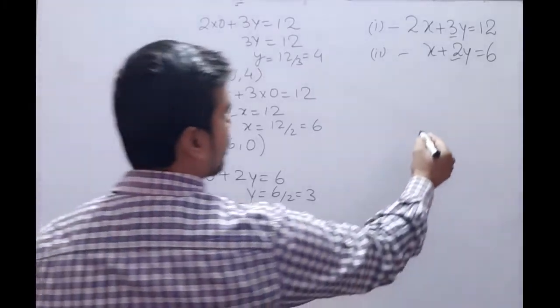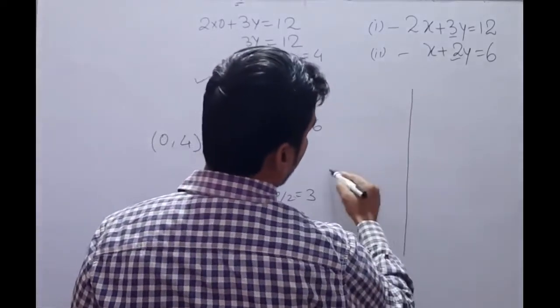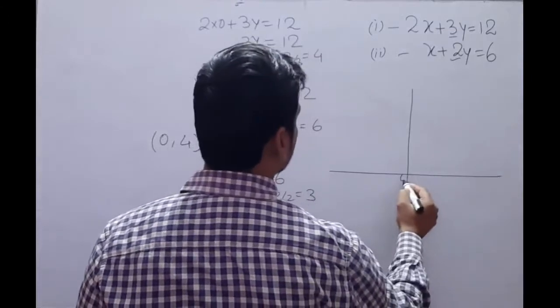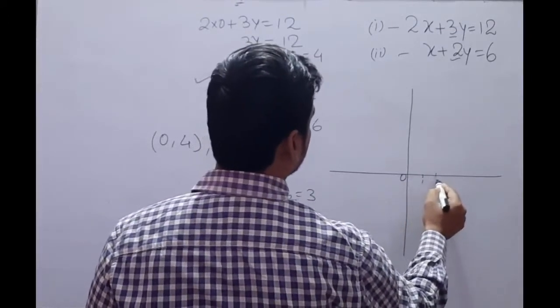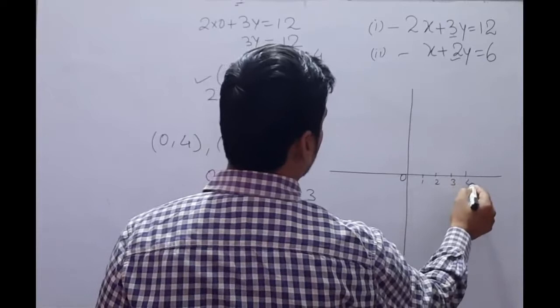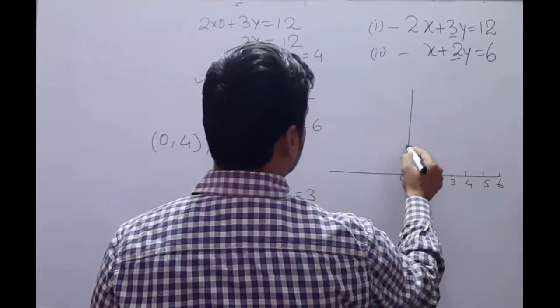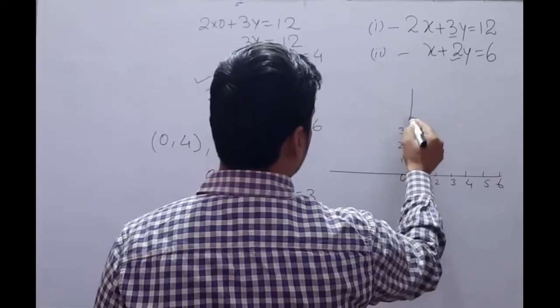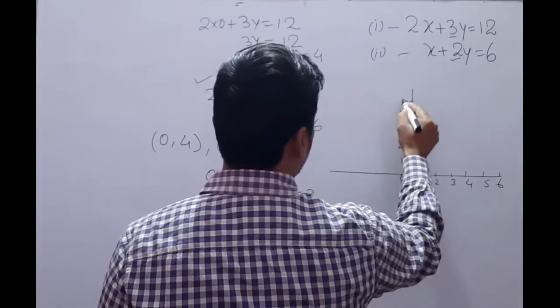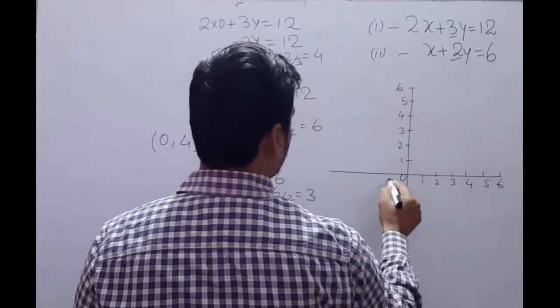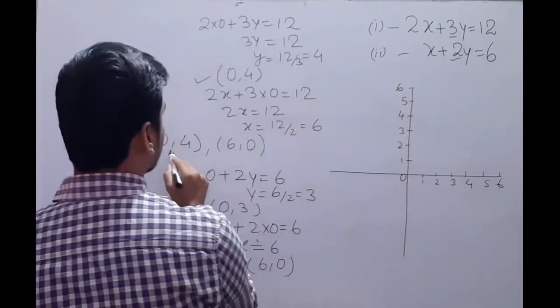So for the graph, 0, 1, 2, 3, 4, 5 and 6 on the x-axis, and 1, 2, 3, 4, 5 and 6 on the y-axis.